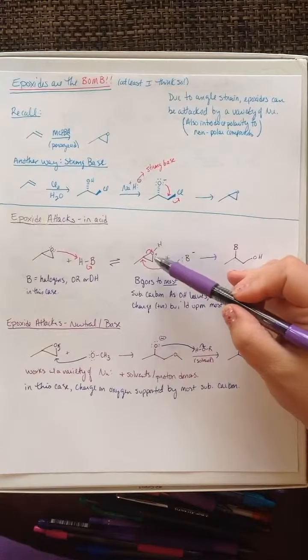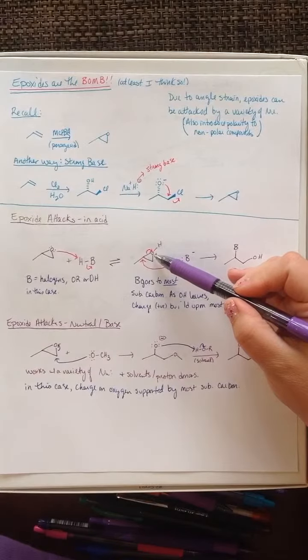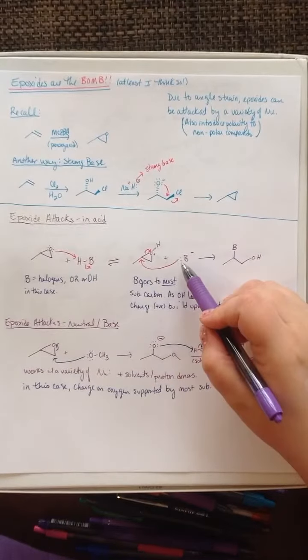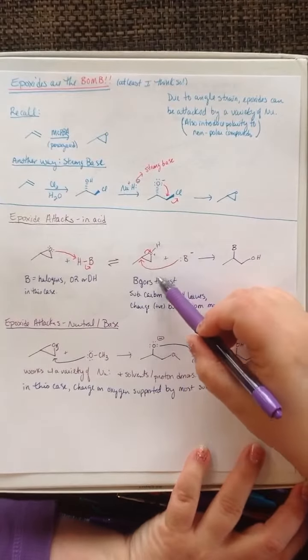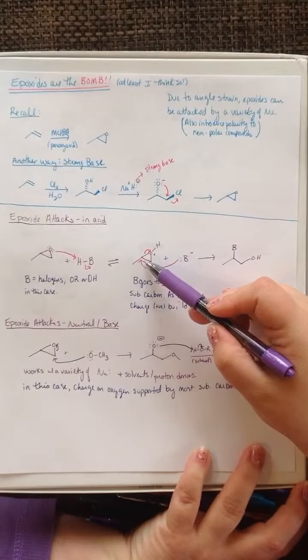That means that we have a positive charge on this oxygen, so it is even more primed to be attacked by a nucleophile. This base is going to end up going to the most substituted position right there.